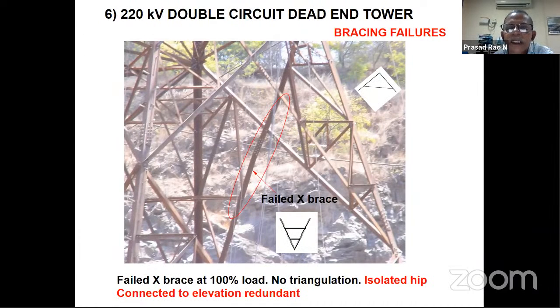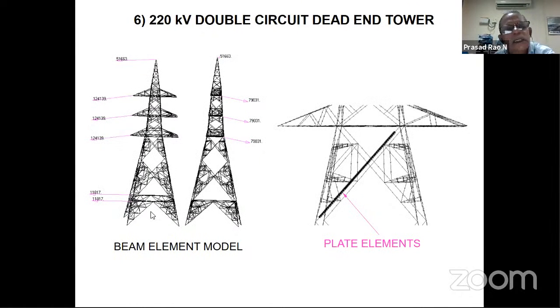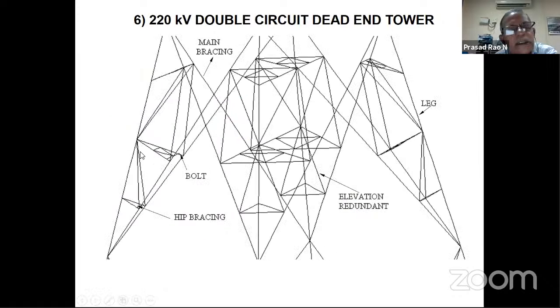And this has been simulated in a model with a line element as well as plate element. We just wanted to know the stresses across the member. So it has been modeled with plate element also. This is a line element. Actually, what has happened is this is a hip bracing. You can see here that hip bracing is supposed to be connected in this corner. All the members should join in one place.